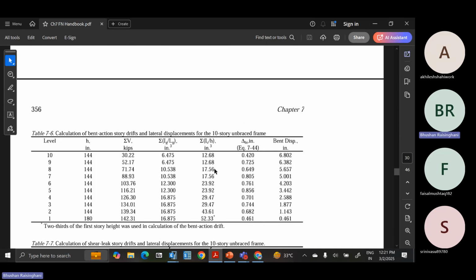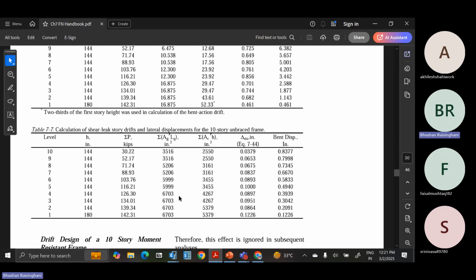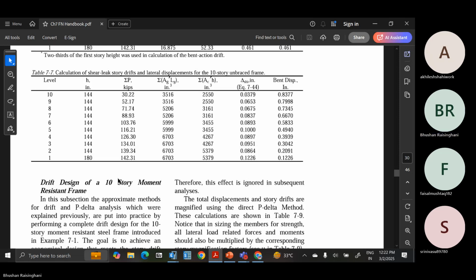What I explained today for the P delta effect, other things you need to apply. Again, sigma V, sigma I upon L, Ig upon Lg, sigma Ic upon H. These are the girder. This is for the column. And I'm obtaining this bent displacement. And after that, sigma P, and again the bent displacement. So calculation of shear lag, story drift, and lateral displacement.